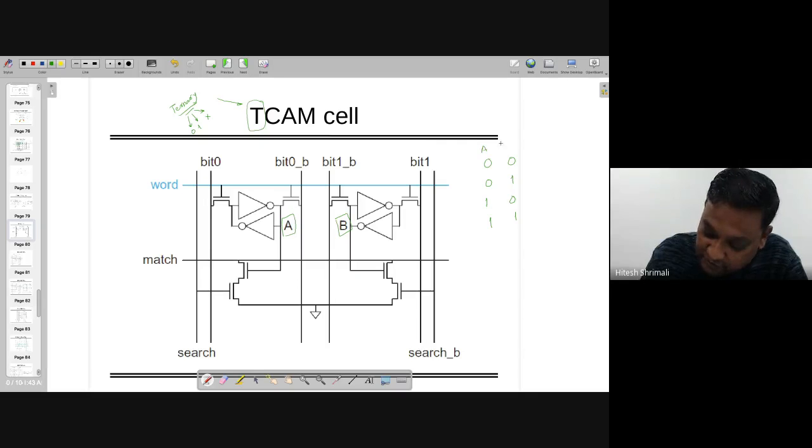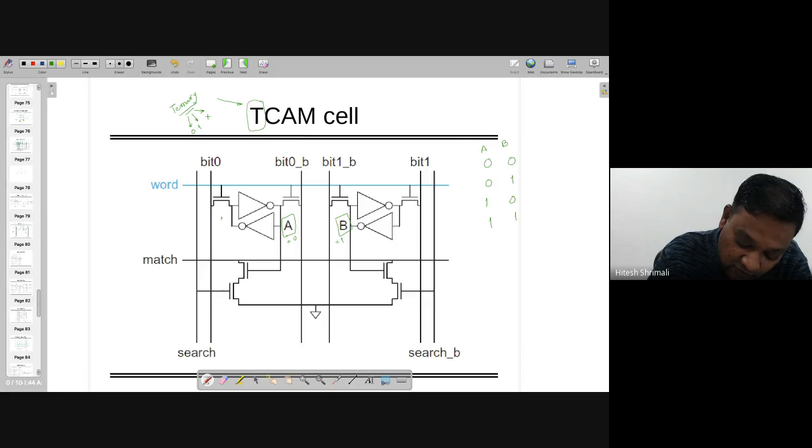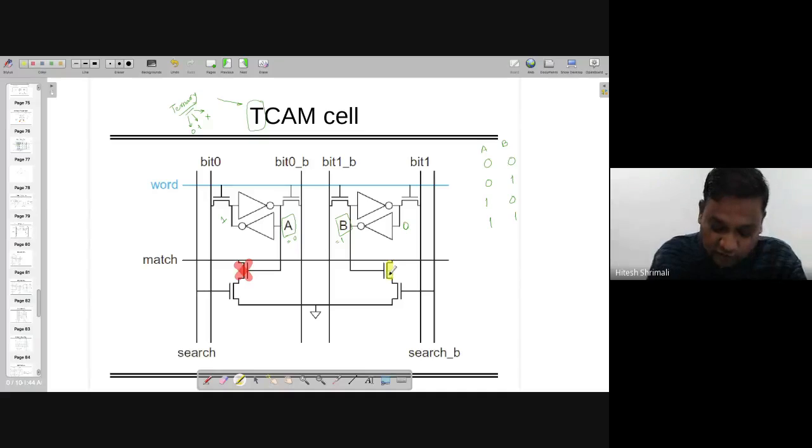So if A equals 0 and B equals 1, what is going to happen? If A equals 0, definitely this is going to be 1, and B equals 1, this is definitely equal to 0. If A equals 0, note that this particular transistor is going to be off, and the other transistor is going to be on.